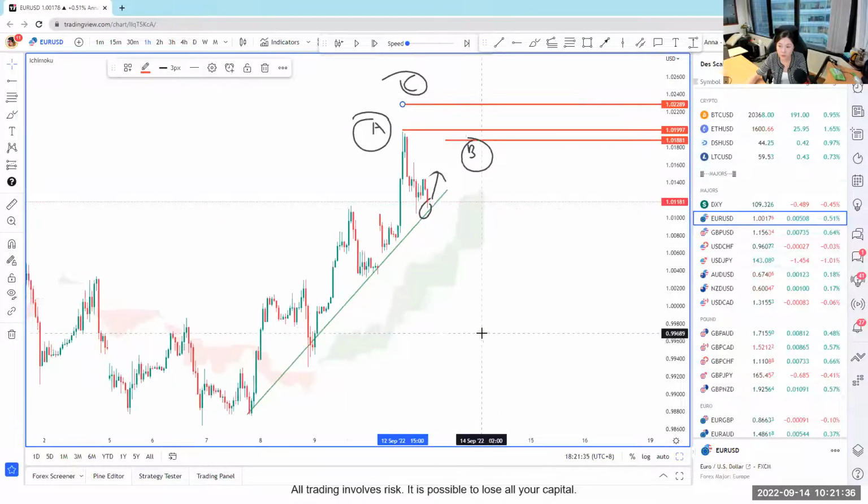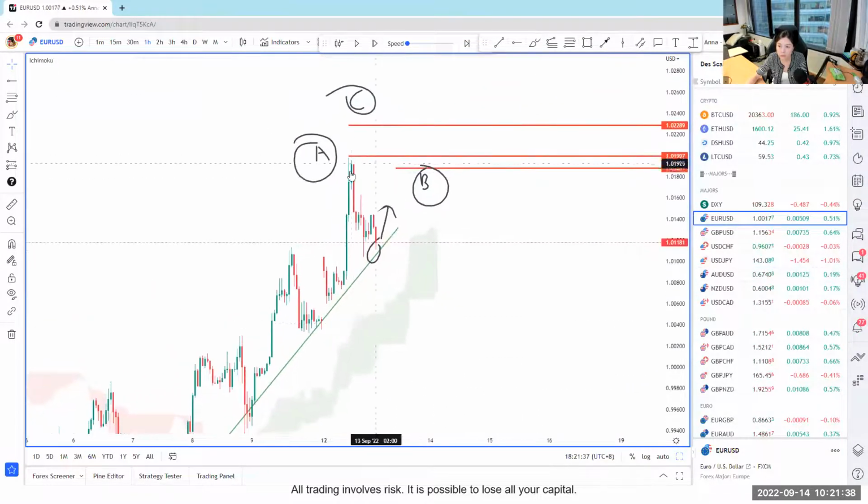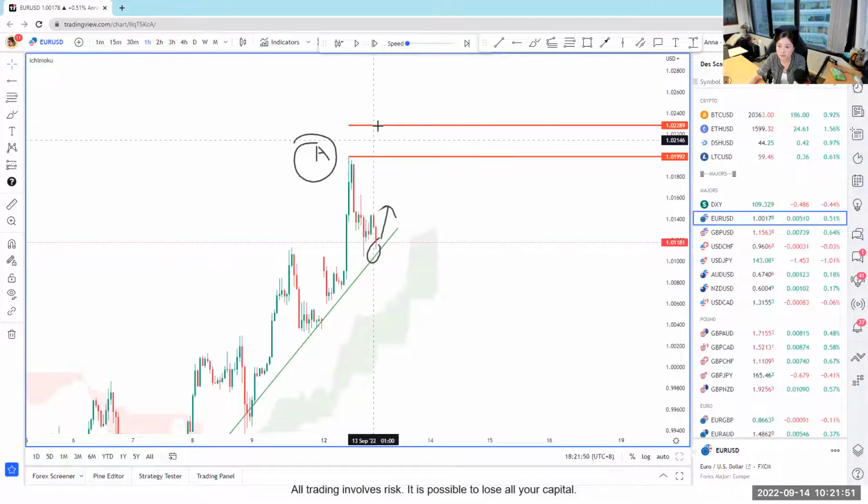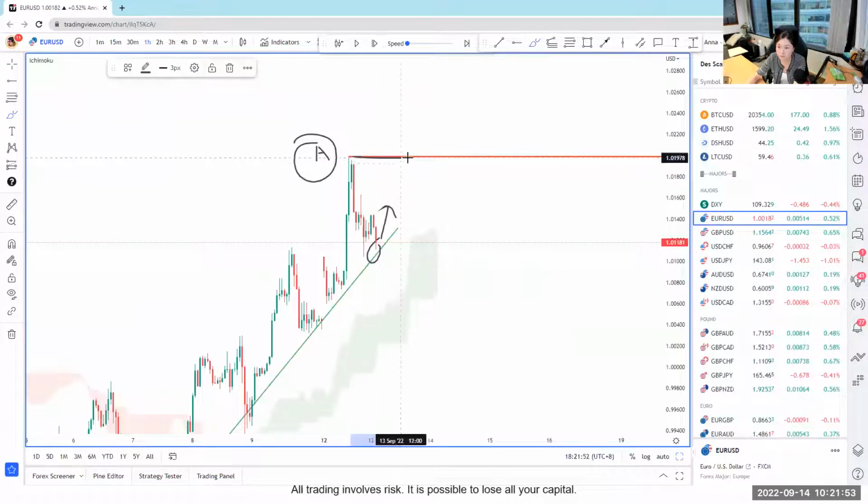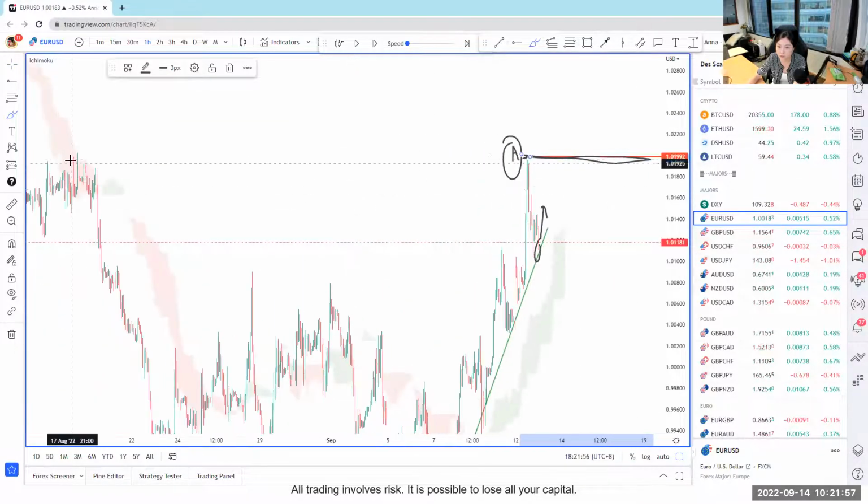Okay, the reason why we always put at B is take profit before your magnetic or resistance level. So this level here, let me just erase. This level here will be a fight zone, given that it connects back all the way as well here.